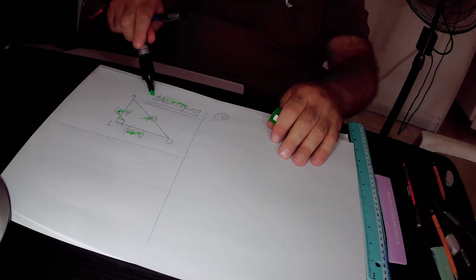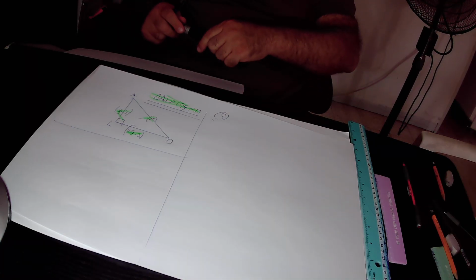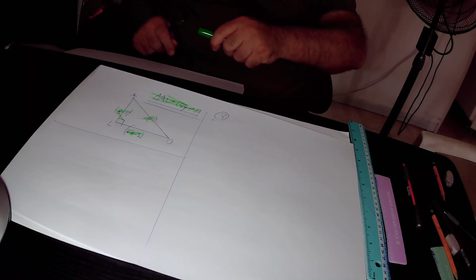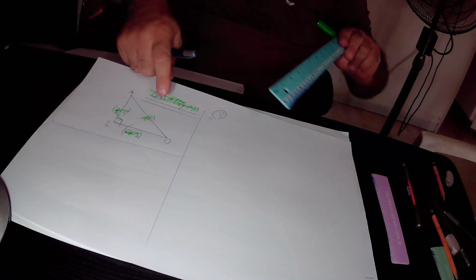In this right triangle AO, according to the Pythagoras theorem, AO squared, that is the square of the hypotenuse, equals AL squared plus LO squared.